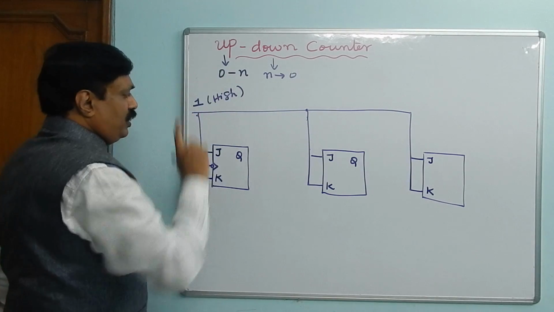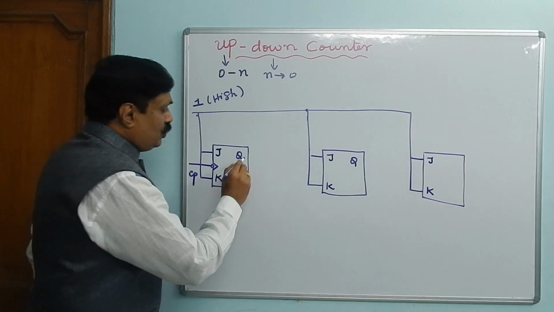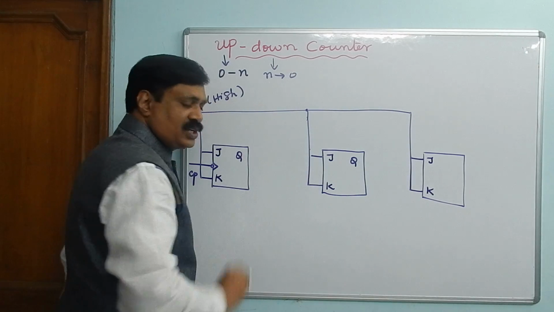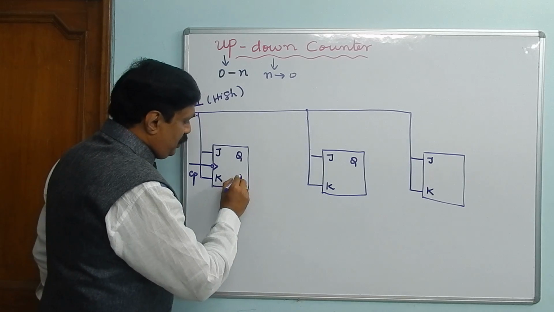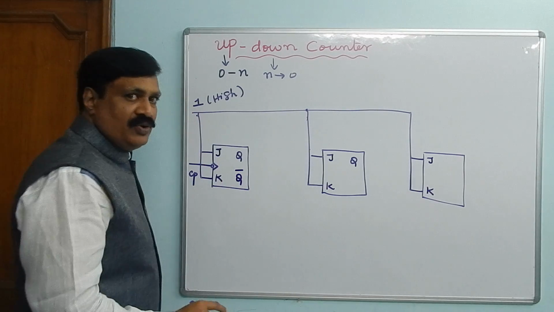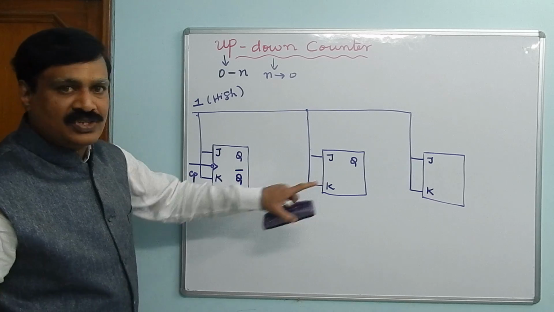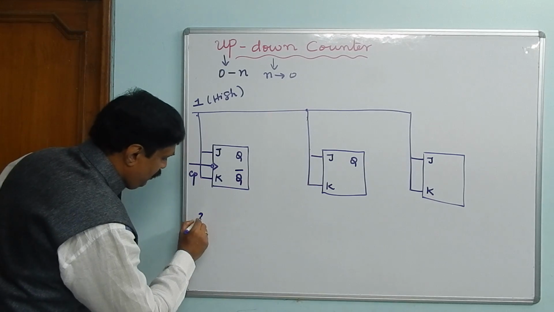In up counting, we connected Q to the next clock pulse, and in the down counter we connected Q bar to the next clock pulse. I will write it again.